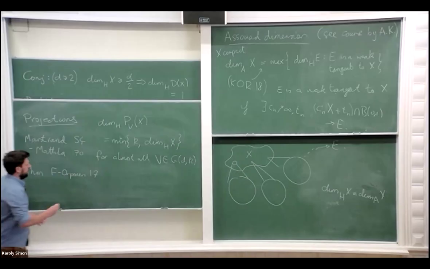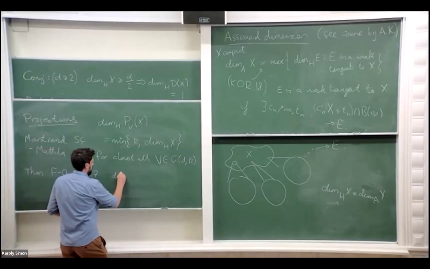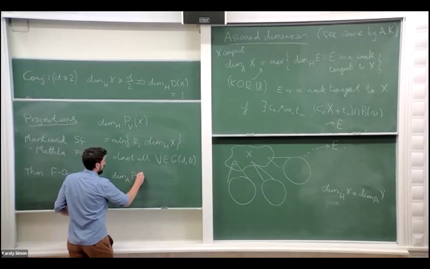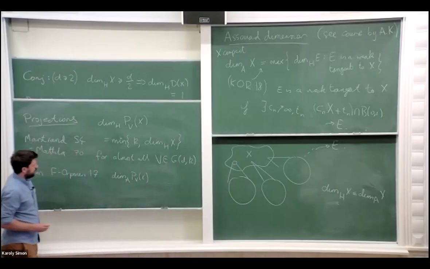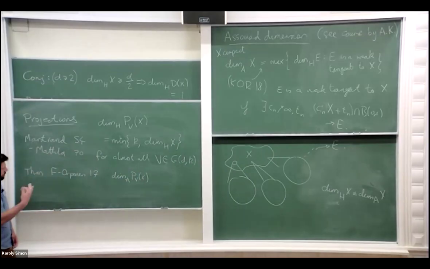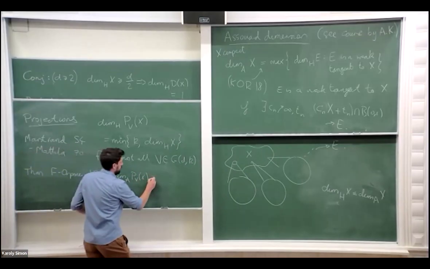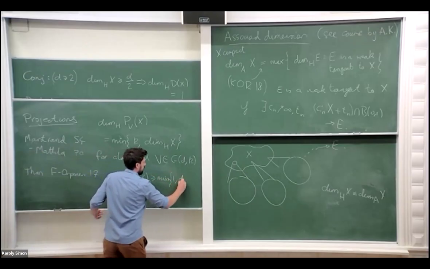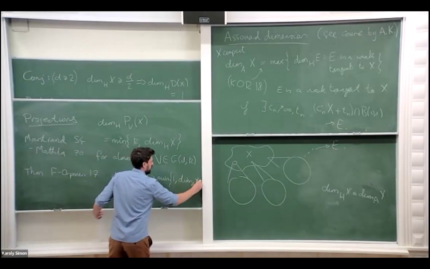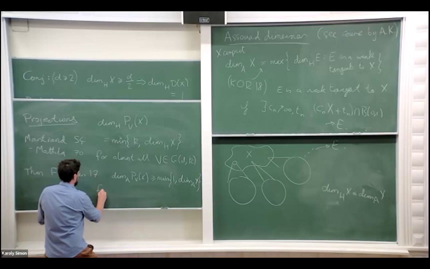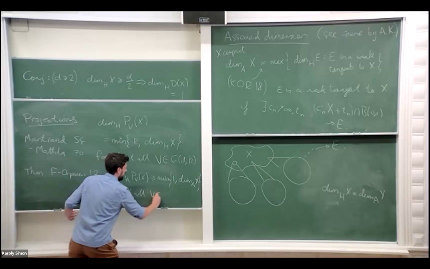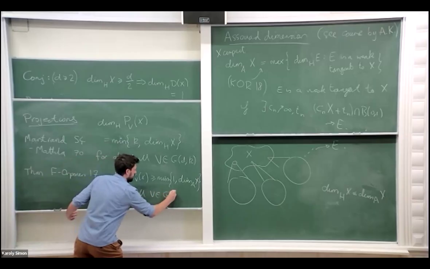2017. This is that the Assouad dimension of the projection of X onto a subspace V is at least the minimum, thanks Kenneth, of 1 and the Assouad dimension of X for almost all V in G(2,1).